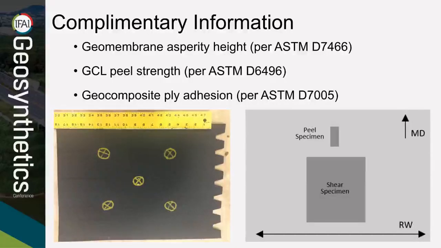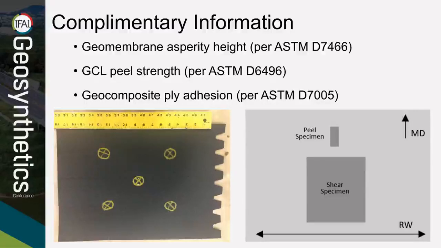Although usually not directly influencing the measured interface shear results, a shear test requester may want a peel test per ASTM D6496 for GCLs or a ply adhesion test per ASTM D7005 for geocomposites performed on the same sample the shear test is being performed.